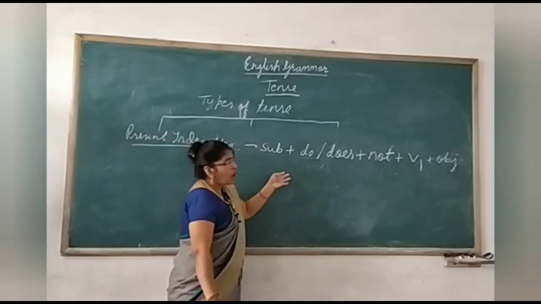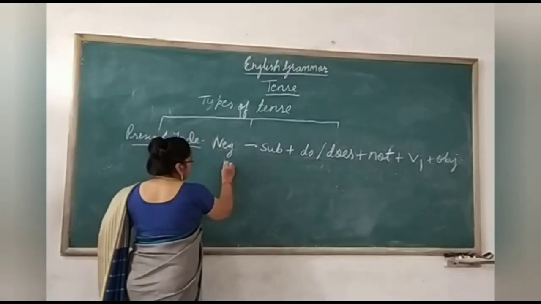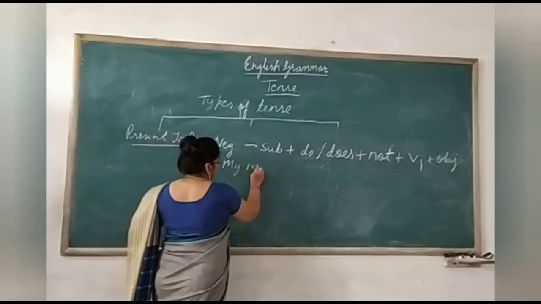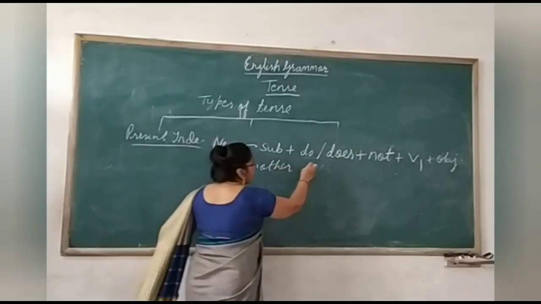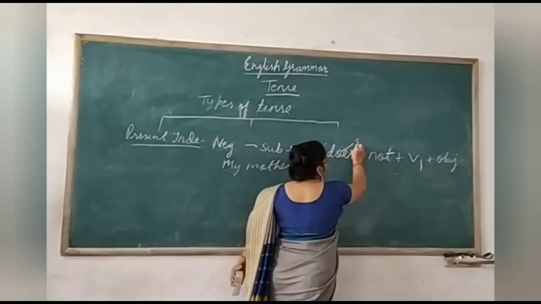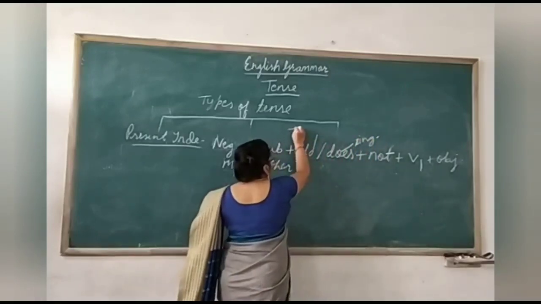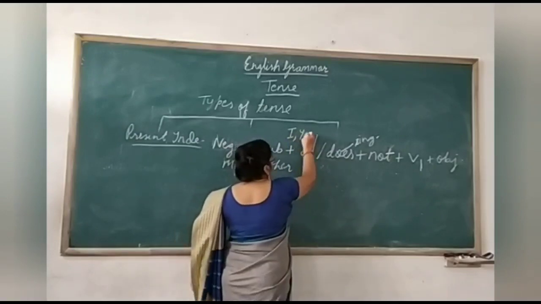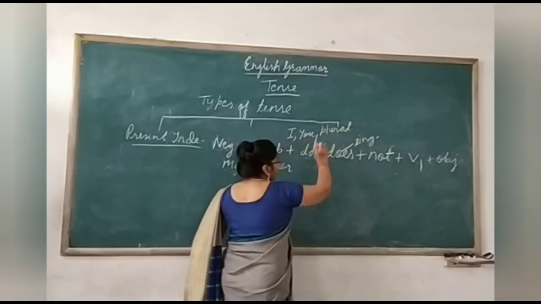Now let us form the sentence according to the structure here. Same sentence, let us take my mother. Because my mother is singular, what will you select here? Does, because it is used for singular and this do is used with I, you and plural noun or pronoun.